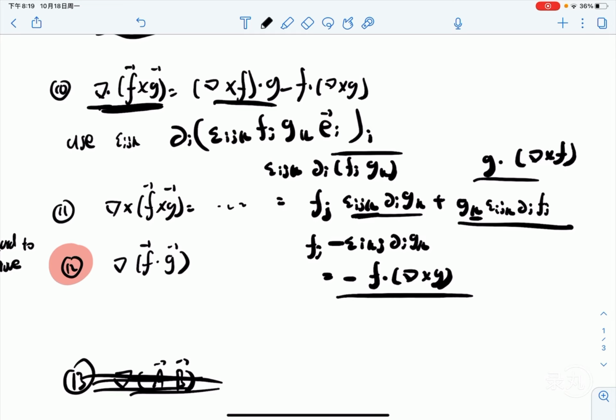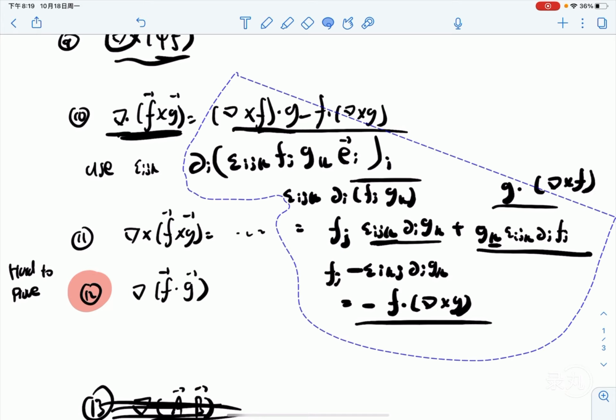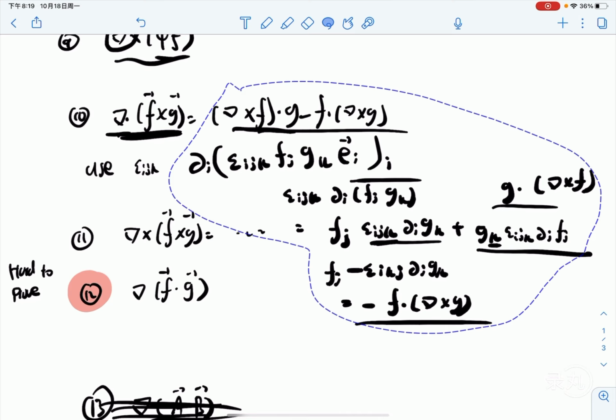So now we have proved the theorem. Okay, moving on to the next stuff. The next stuff is harder to prove, but it's okay. Not too bad.